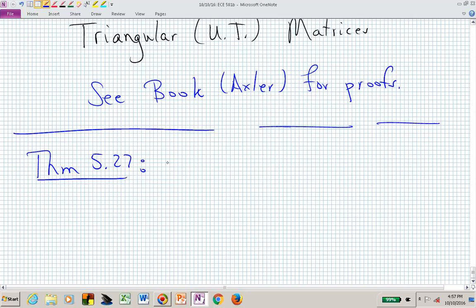Theorem 27 is, let's start with a vector space, V, and we are assuming that this is a complex vector space, or we're now operating with elements in the field of complex numbers, a complex vector space.